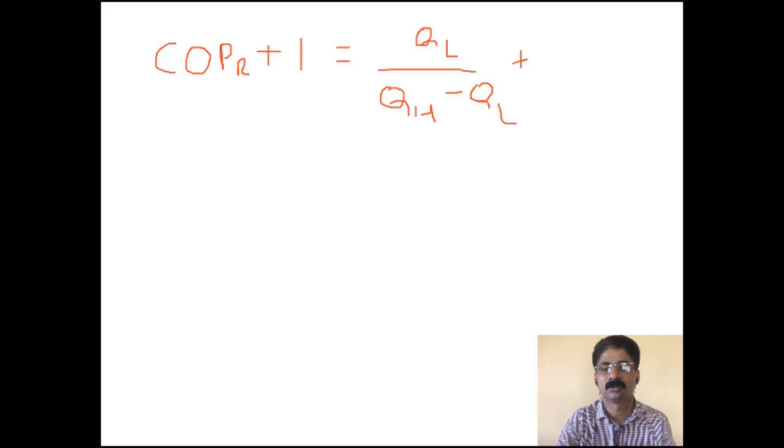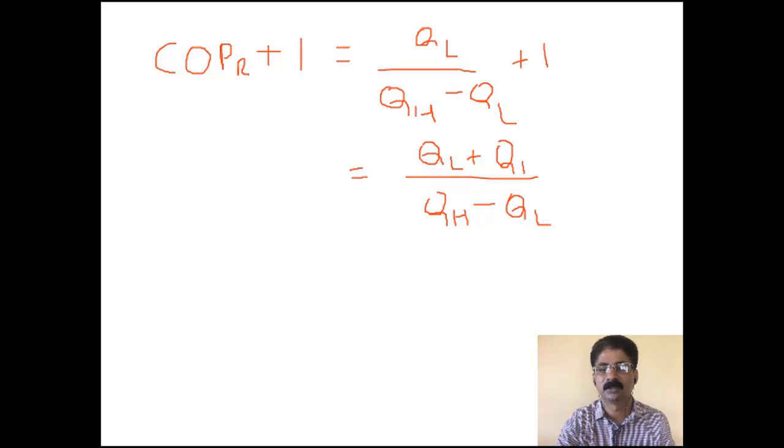Now take the common denominator, so it becomes QH minus QL. The numerator QL is already there, and when you take the common denominator, plus QH minus QL comes in the numerator, because the denominator is QH minus QL.